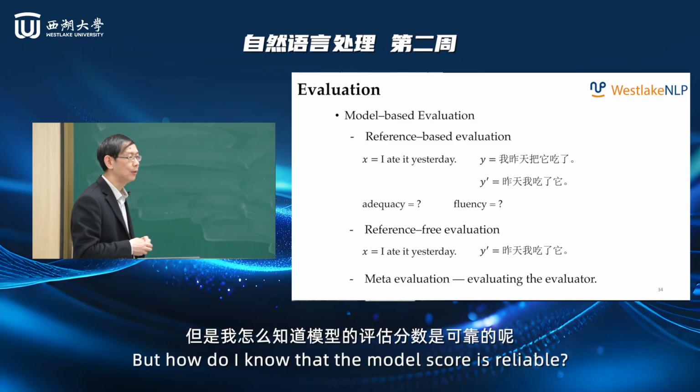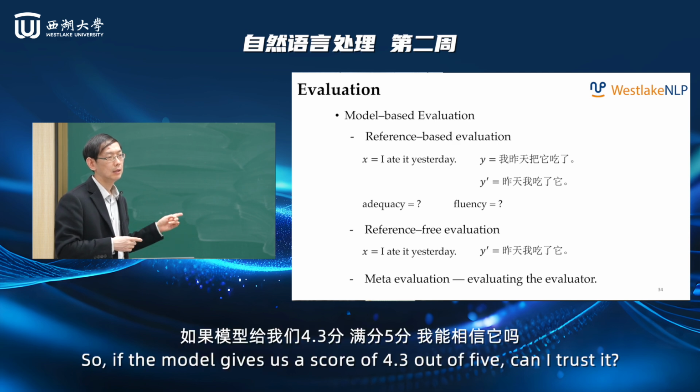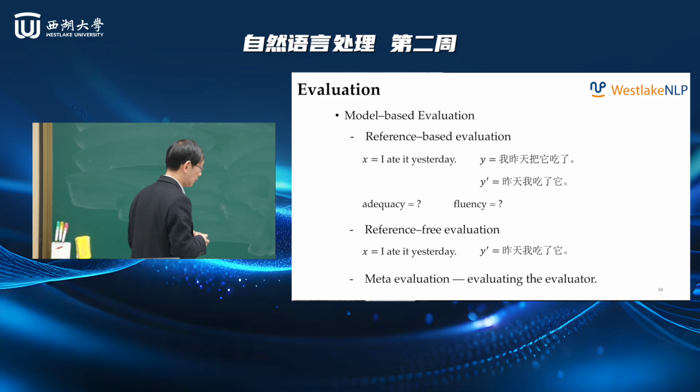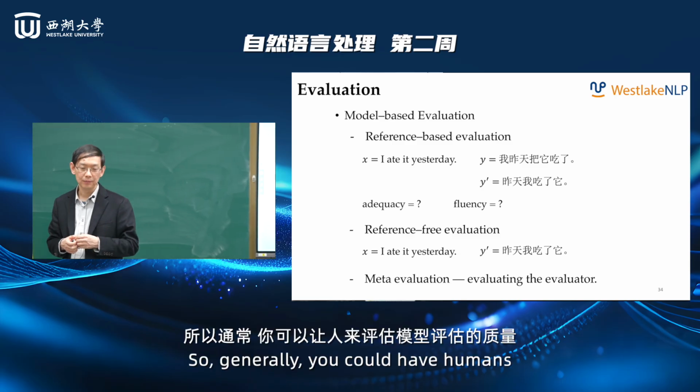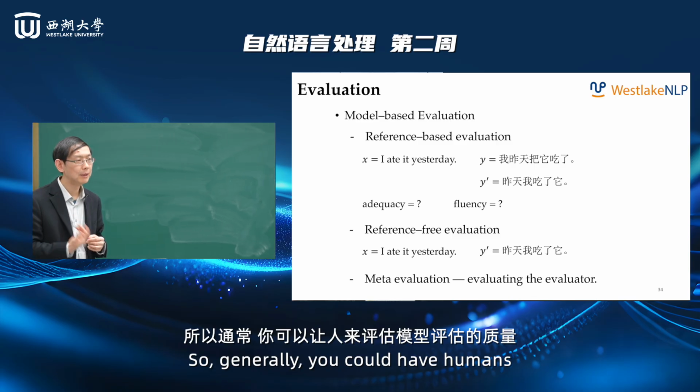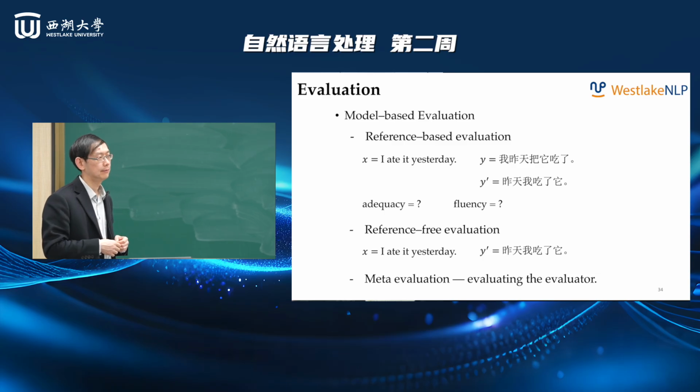But how do I know that the model score is reliable? Okay, so if the model gives us a score of 4.3 out of 5, can I trust it? So generally, you could have humans evaluate the quality of model evaluation.